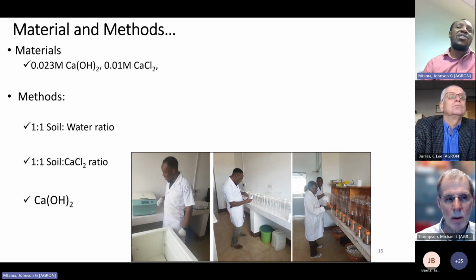I measured 3 mL of calcium hydroxide, added it to the solution of soil calcium chloride, shook it for 5 minutes, then let it sit for 30 minutes to allow the equilibration and the buffering reaction to take place with the calcium hydroxide in the soil systems. Then I recorded the pH after 30 minutes and called that pH 2.